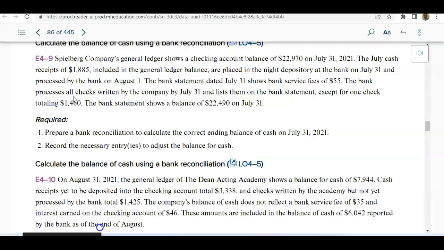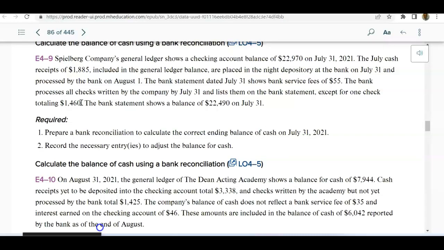The bank processes all checks written by the company by July 31st and lists them on the bank statement, except one check totaling 1,460. That is an outstanding check. An outstanding check is a check that you wrote and recorded, so everything is fine on your side. However, it has not cleared your bank yet.